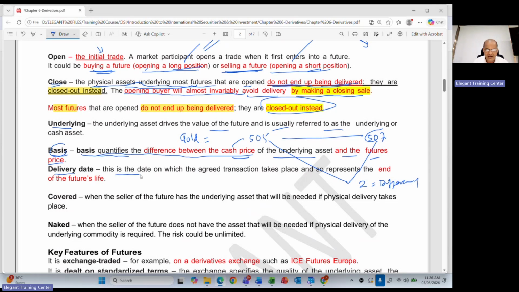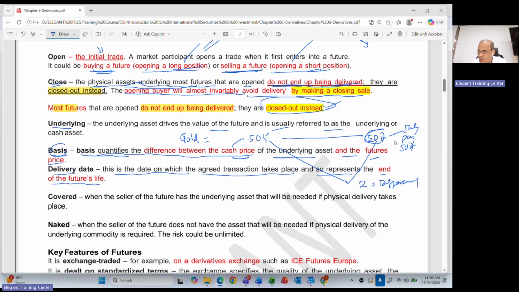Delivery date is the date on which the transaction takes place, and so represents the end of the future's life. So if you have taken a gold future at 507 in the month of July, you pay 507 and you take the gold, or you can ask for the difference.